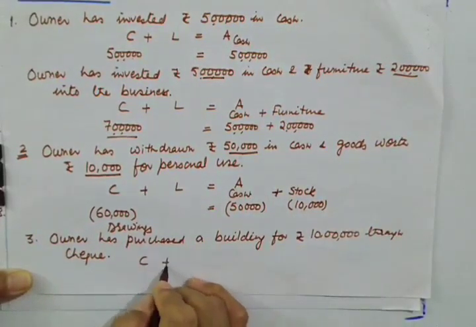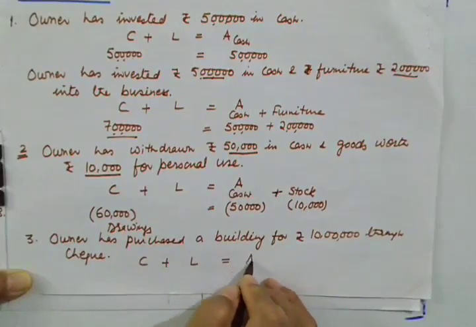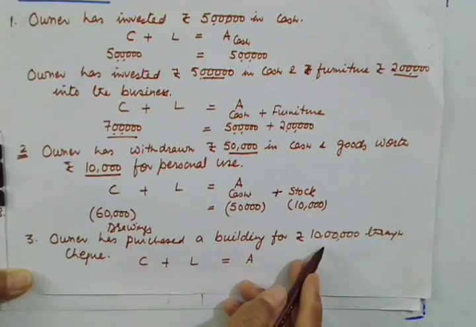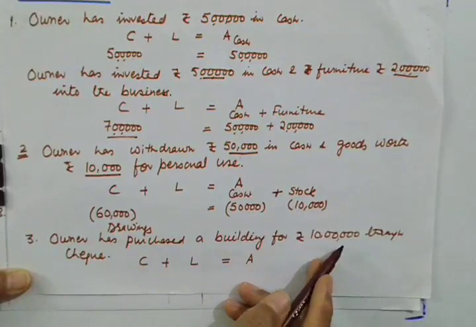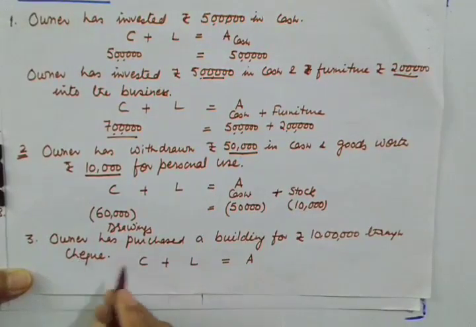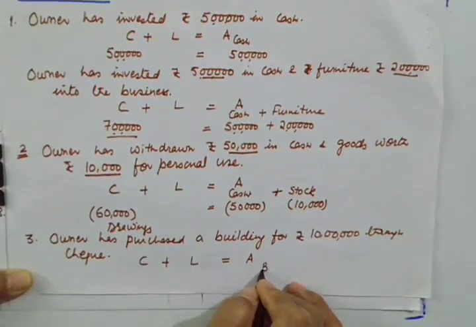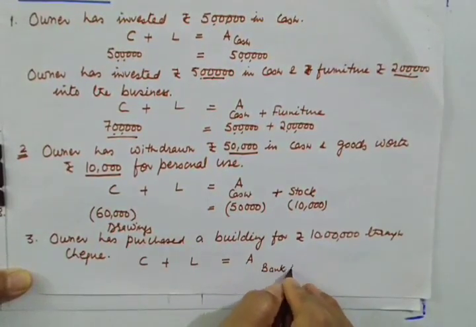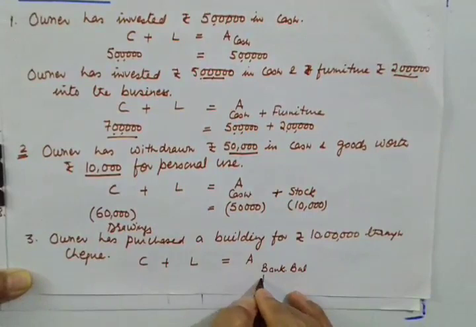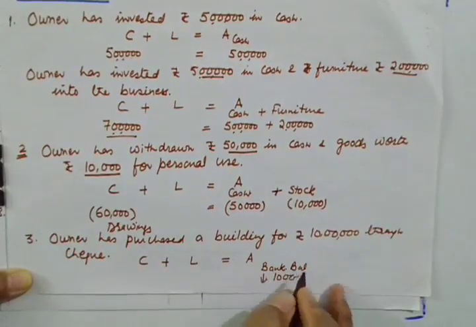When we write C plus L is equal to A, will it increase your liability? No, because immediately he is paying through check. So on this side cash will not be affected, only your bank balance. Bank balance will reduce by how much? By 10 lakhs.